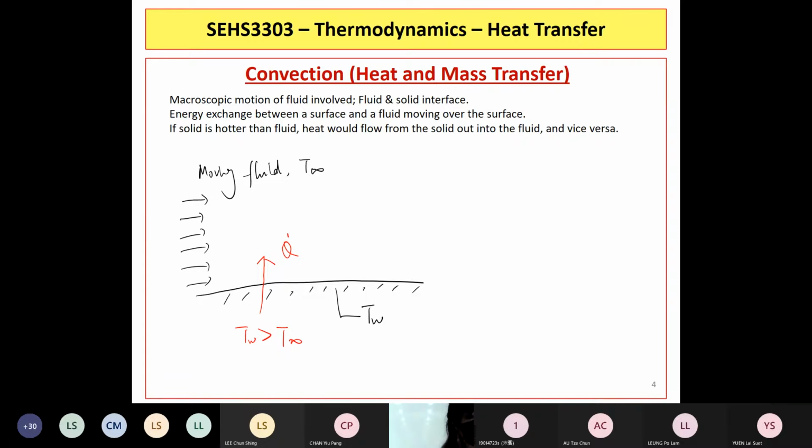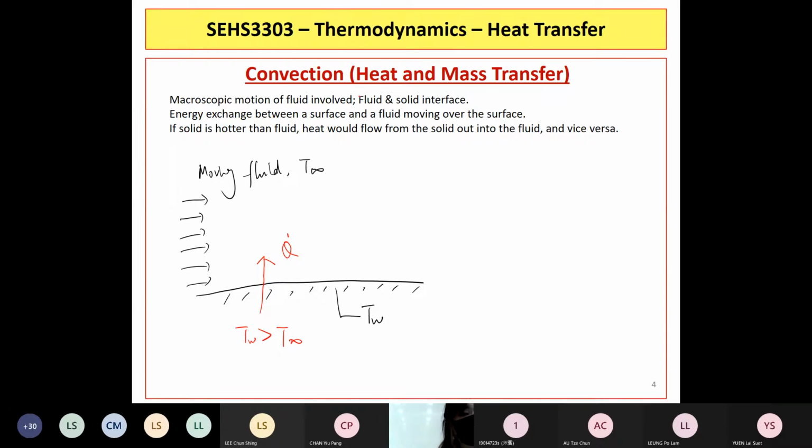Convective heat transfer happens at this interface. So in essence, convective heat transfer is the energy exchange between the surface, which should be a solid, and a fluid which moves over the surface.